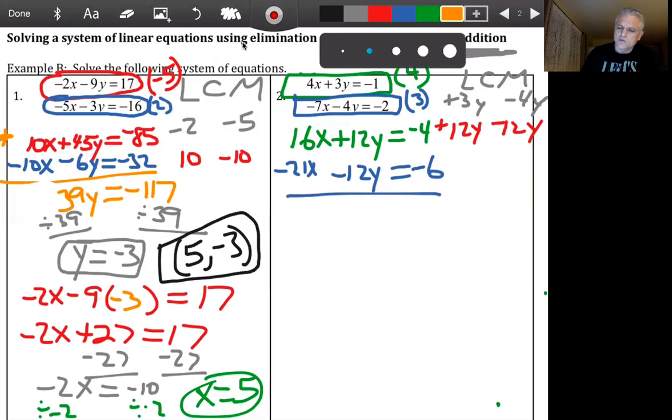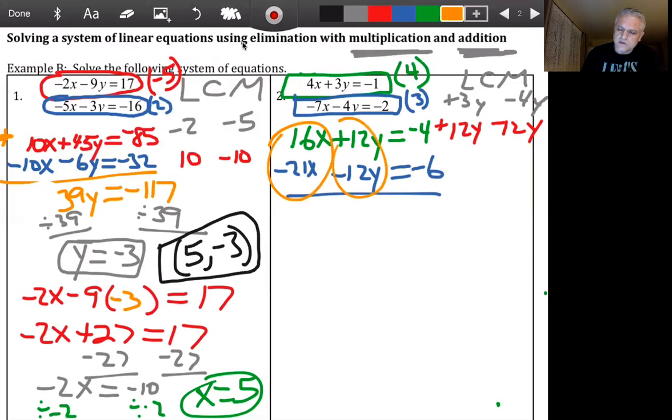Okay, so let's add straight down, add vertically. 16x added to negative 21x gives you negative 5x. Positive 12y added to negative 12y gives you 0. So it's plus 0, which I'm not going to write. Bring your equal sign straight down.